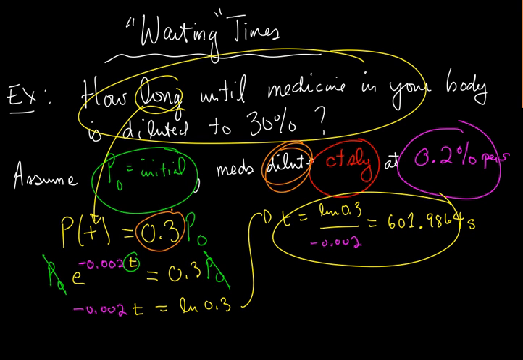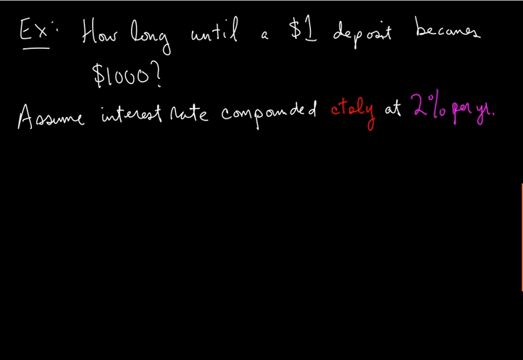Okay, so let's do another example, but this time I want the initial value to actually matter. Consider this scenario now. You have a single dollar, and just for fun, you go to the bank and deposit $1, and you want to wait until it becomes $1,000.